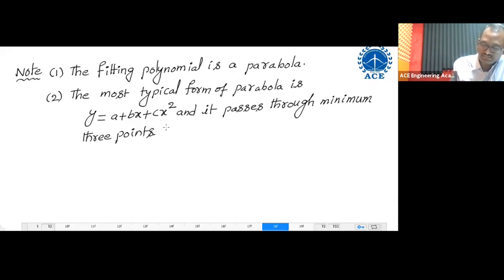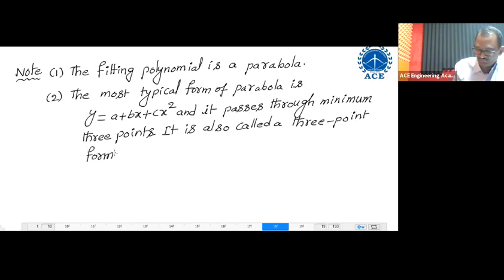That's why it is also called a 3-point formula.